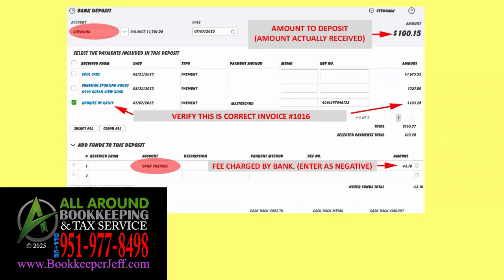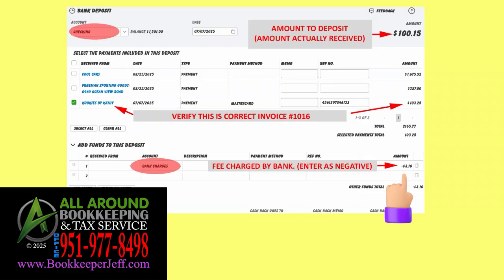And then on the add funds to this deposit section, we're going to select the expense account of the credit card fees or bank charges. This is going to be the amount that the bank is withholding before they send the deposit in. It's what the processing company is charging to the client.